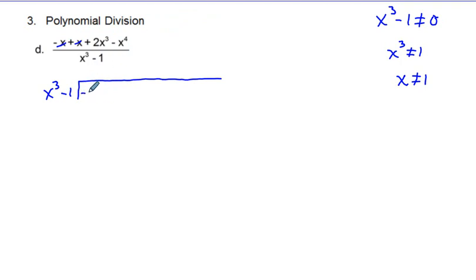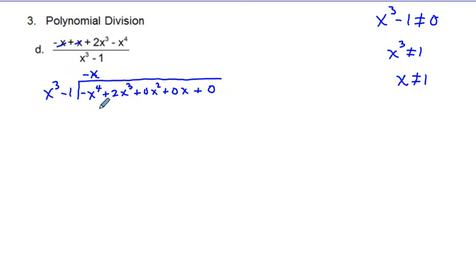So we're going to put our x to the 4th power first, negative x to the fourth plus 2x cubed. And we have to look at all the places represented. So we have plus 0x squared plus 0x plus 0. So there we are, all ready to do our polynomial long division. So negative x to the fourth power divided by x cubed is going to be negative x.